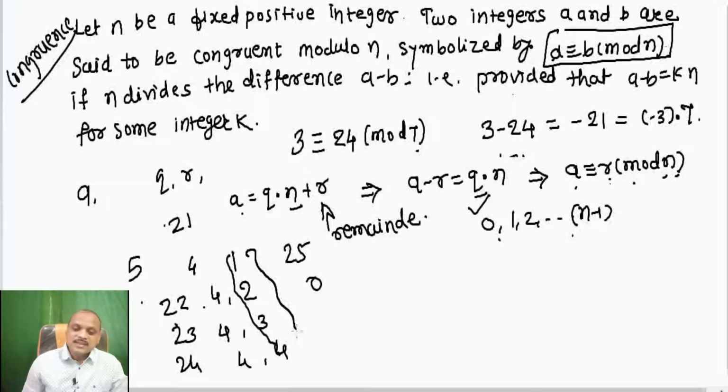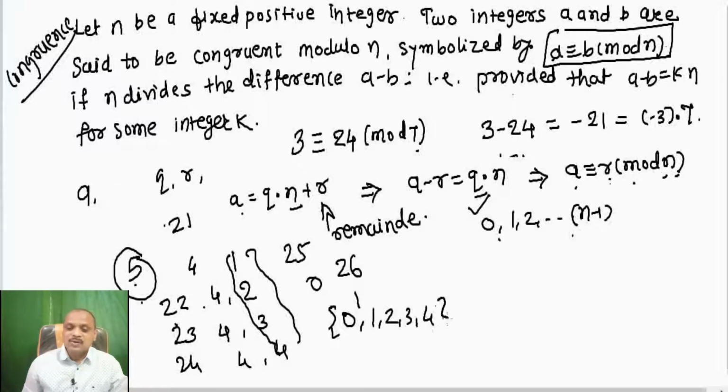So these are the different remainders when we divide any number by 5. Again, if we take 26, we have remainder 1. So the remainders are repeated. The remainder is a fixed set: when we divide by 5 we have 0, 1, 2, 3 and 4.